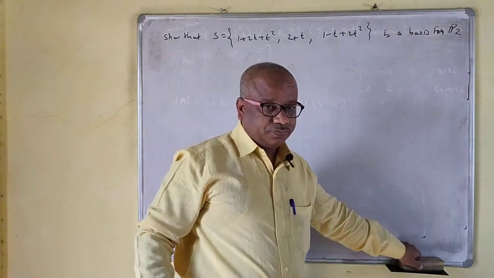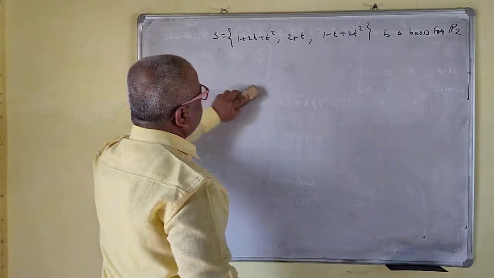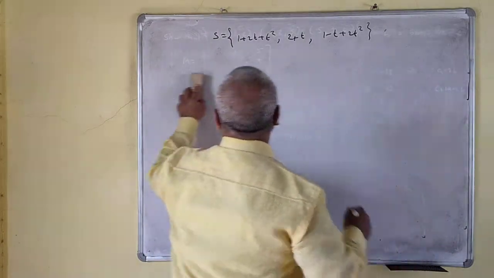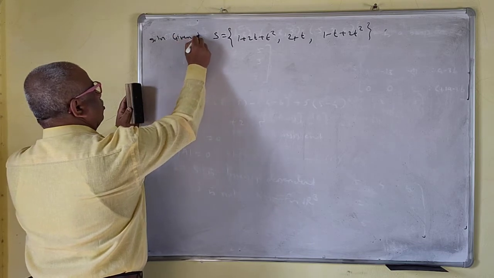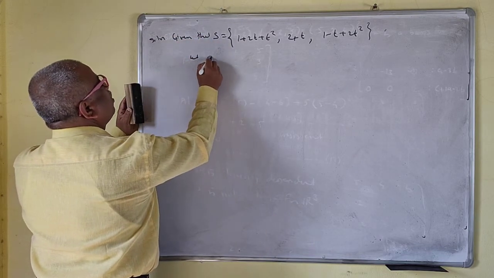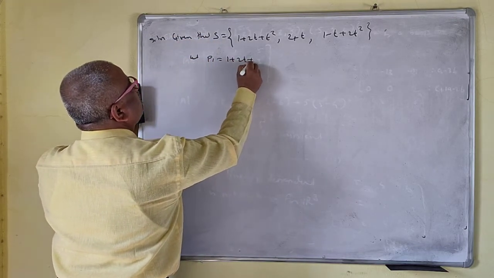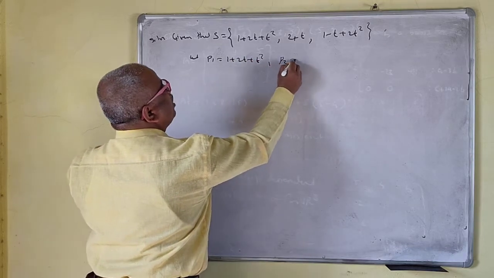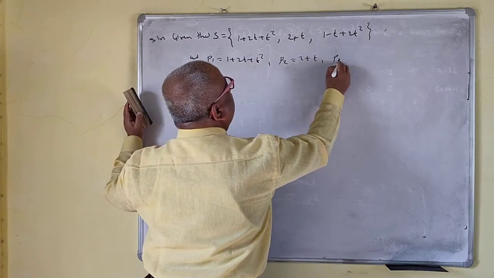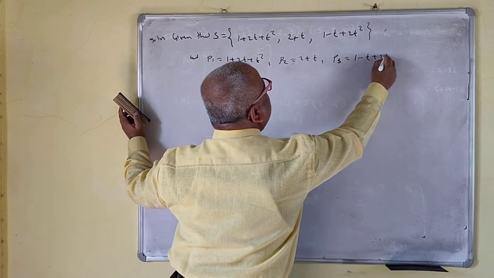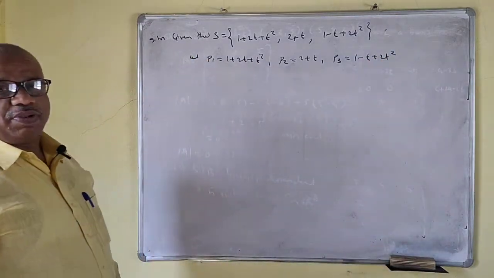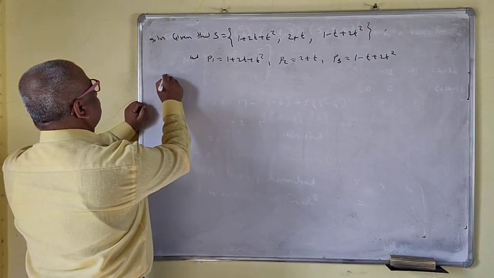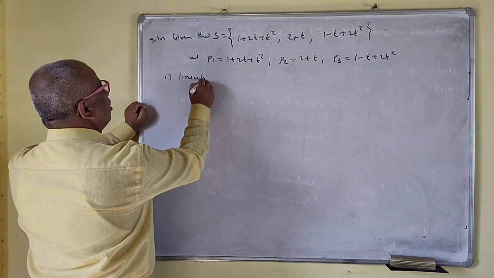Okay, solution. Given that. Let P1 is equal to 1 plus 2t plus t square, P2 is equal to 2 plus t, and P3 is equal to 1 minus t plus 2t square. So here your S will be P1, P2, P3.